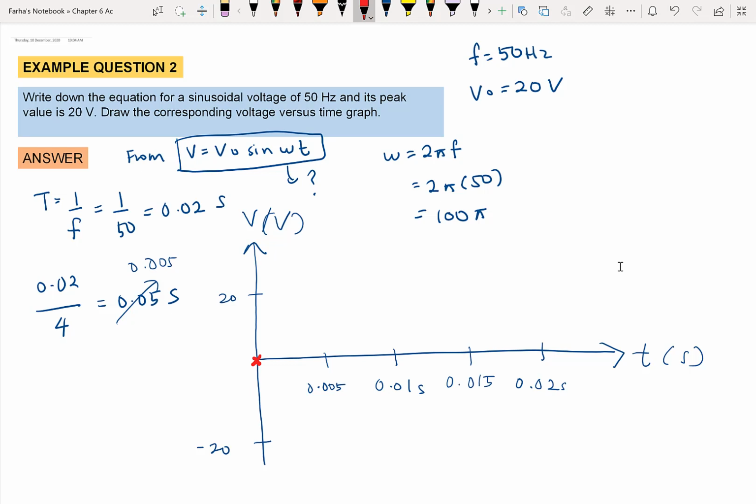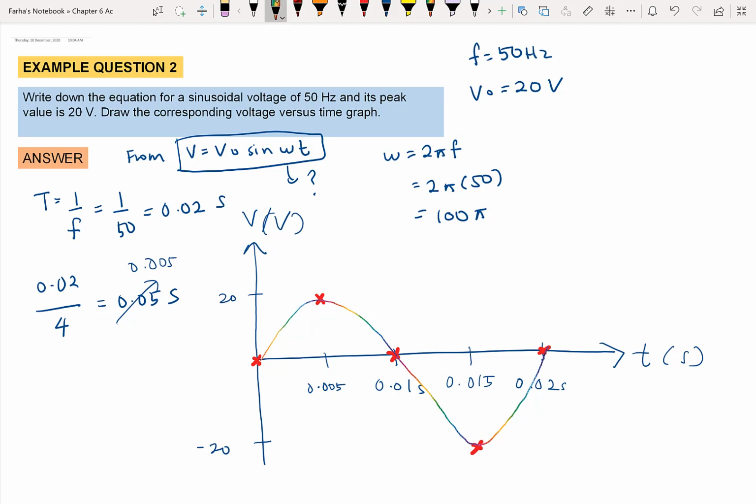Then at the first quarter, the value is maximum. After we complete the points, we draw the graph.